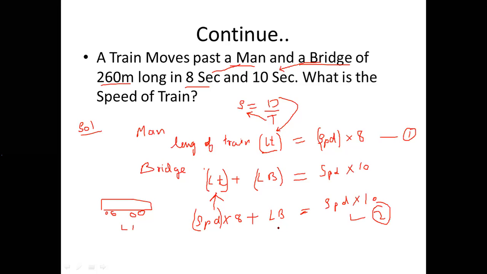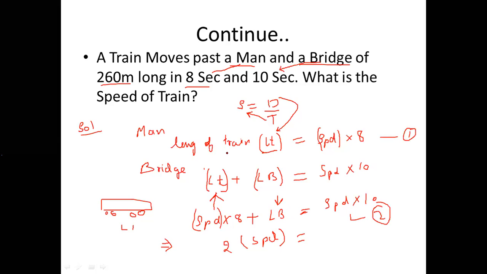If we solve this equation, what we have is 2 into speed is equal to LB.